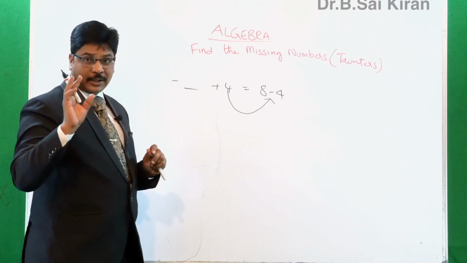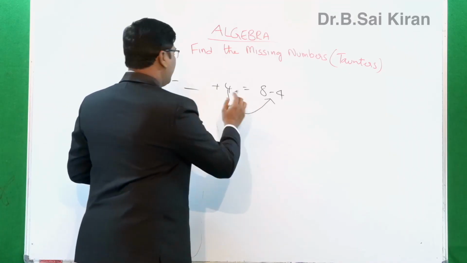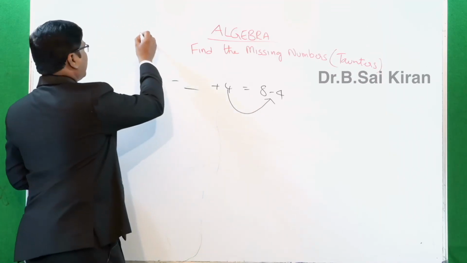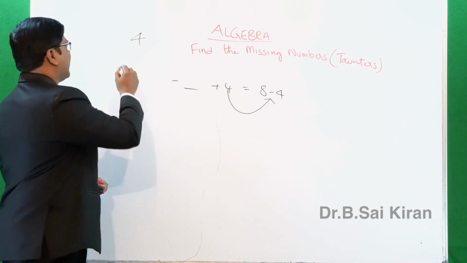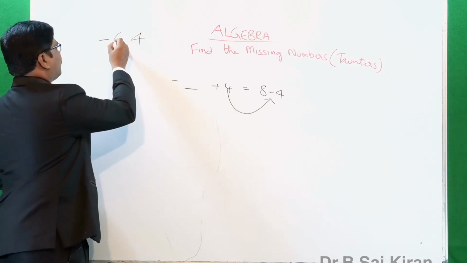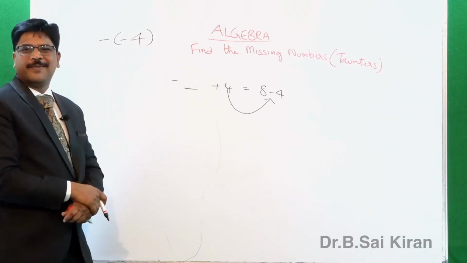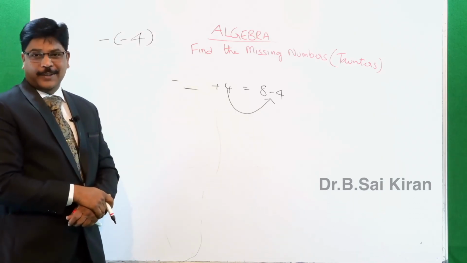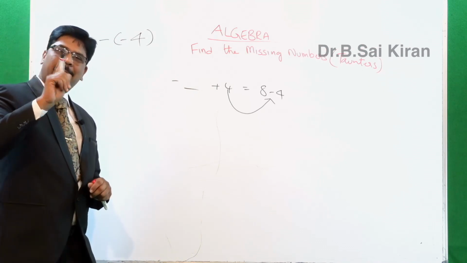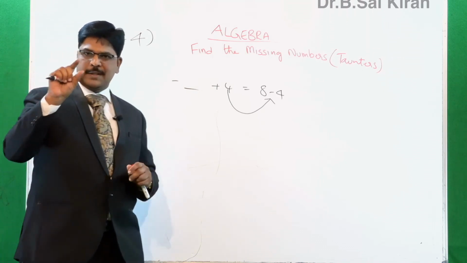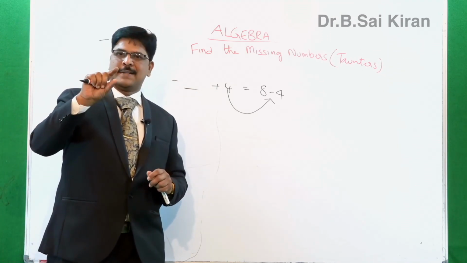All right, so how do you write this answer now? That's why I actually called it taunter. How do you write plus 4 in terms of minus? It's written as minus of minus 4. Because in algebra there's a rule, minus into minus is equal to plus.